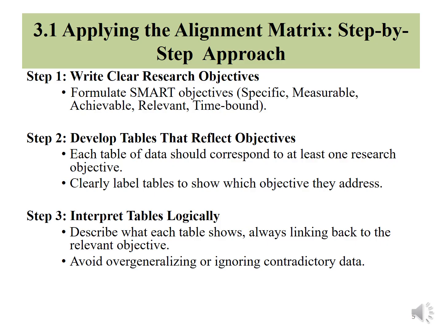And in step 3, avoid over generalizing or ignoring contradictory data. So, we generalize in a measured, objective way. We don't go for over generalization and we do not ignore any evidence which is contradictory to our generalization. We do narrate that also.